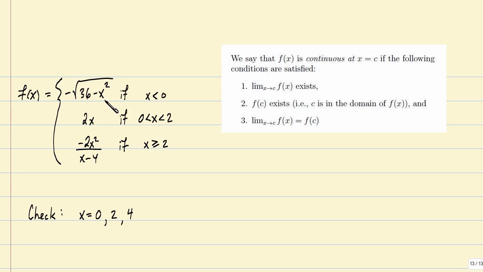Looking at the top piece, however, we're a little bit concerned when we see the possibility of taking square roots of negative values. What happens if x gets too large in magnitude? Now mind you, we're talking about x values that are negative to begin with, but that's okay. If we square them, they still get bigger. What happens when we square negative 6? You get 36 minus 36, which is 0.